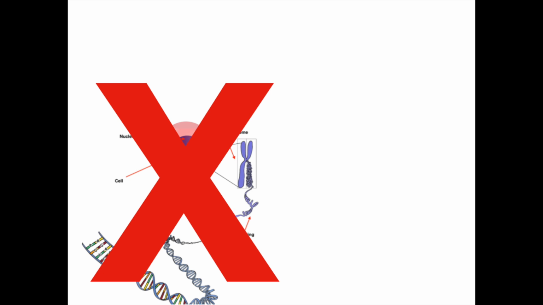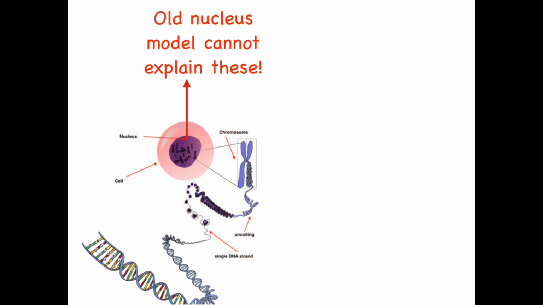And let me explain why that is. This old nucleus model cannot explain evidence, real evidence, of what I have seen under a light microscope. And let me show you what I'm talking about.